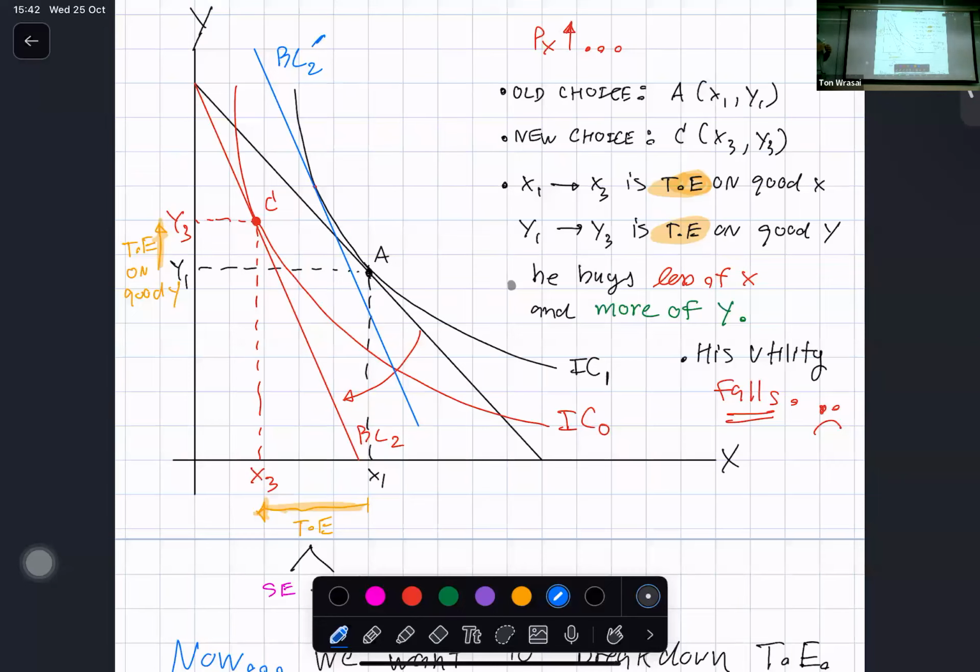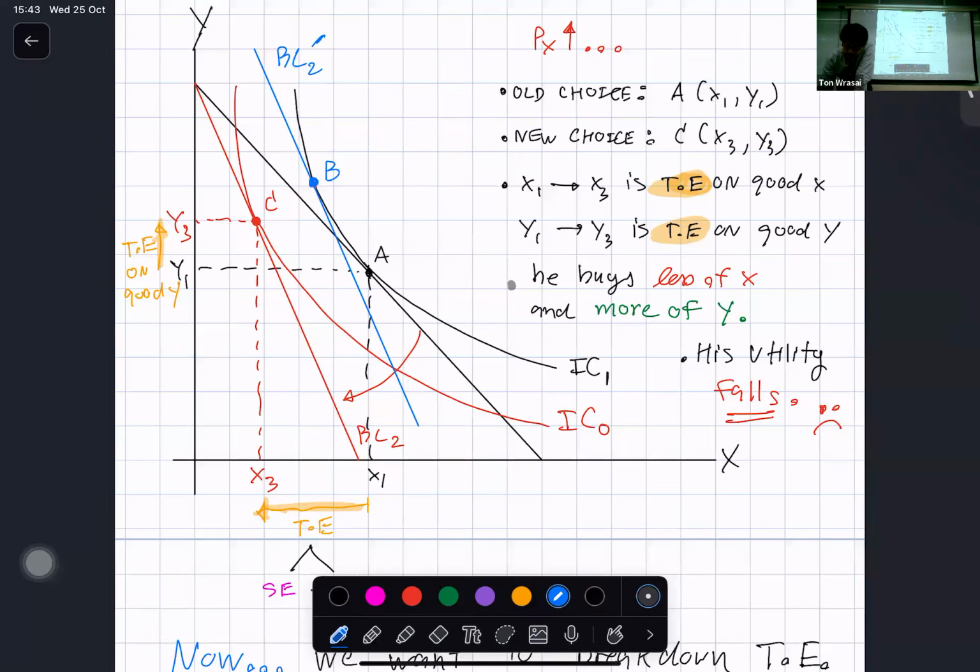Okay. Check the properties of this line again. Parallel with BL2, yes. Touch the original indifferent curve, yes. The touching point, let's call it point B. Touch, not cross.